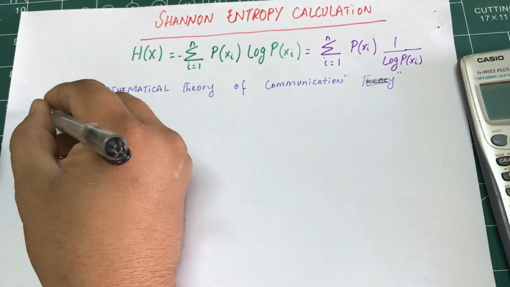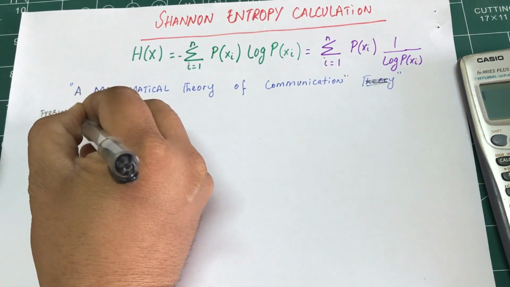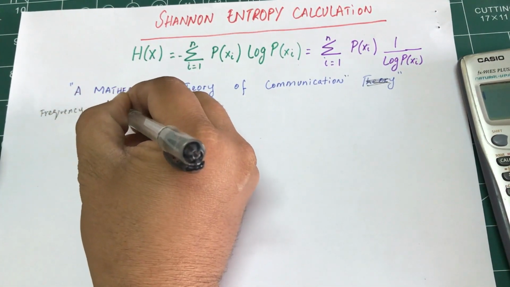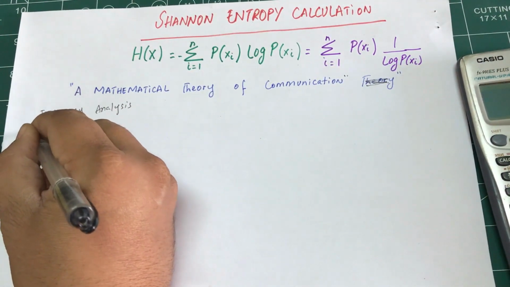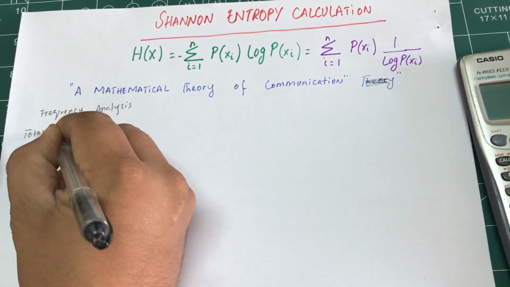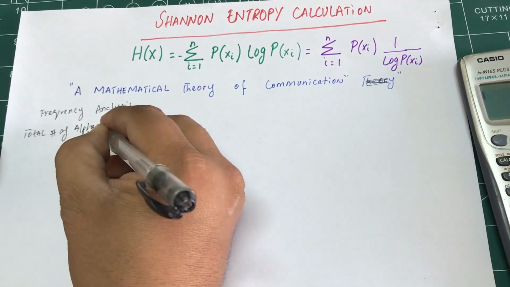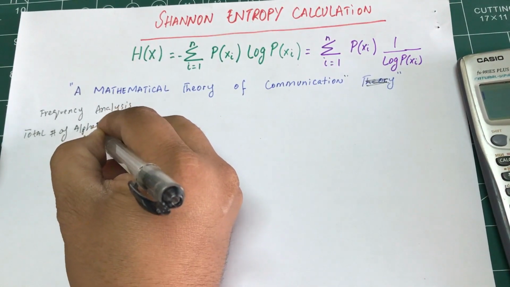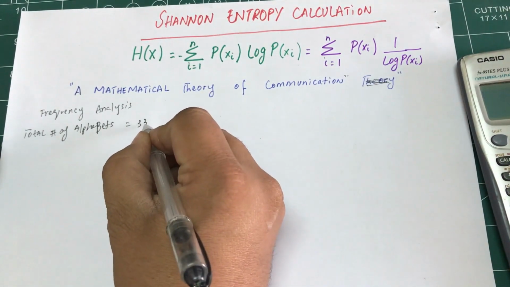So we're going to do frequency analysis first. I think I forgot. So the total number of alphabets that we just counted is, I think, 33.